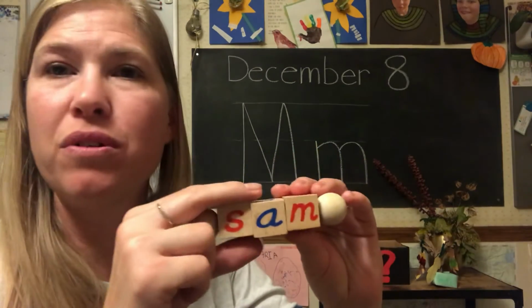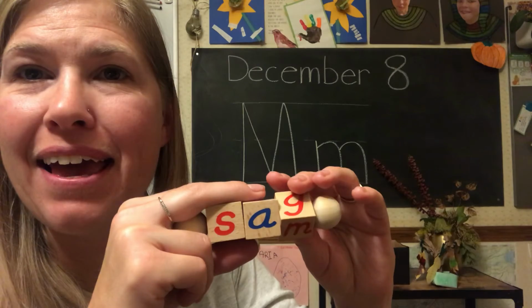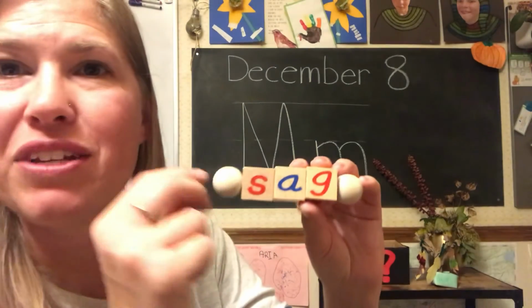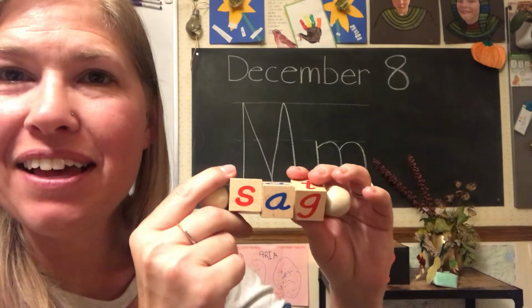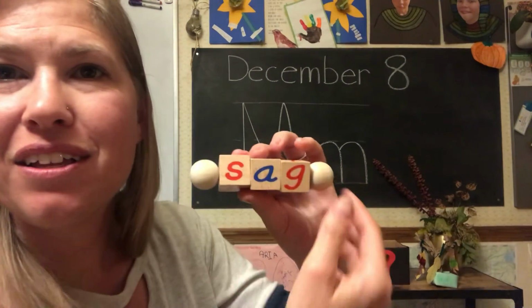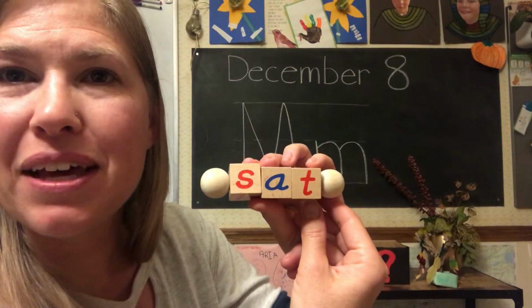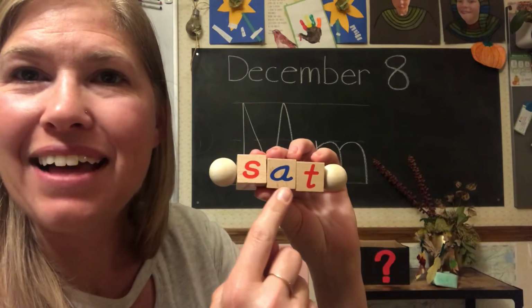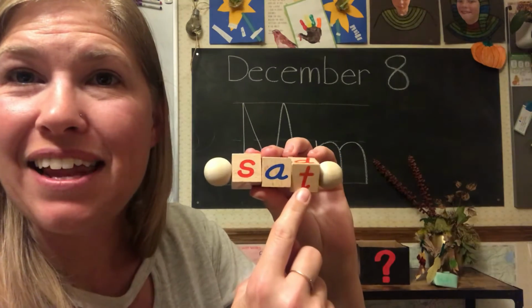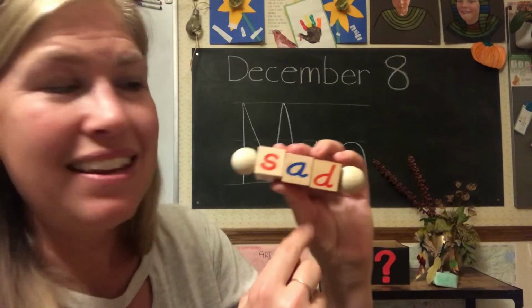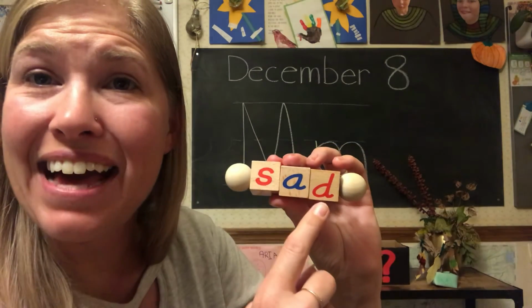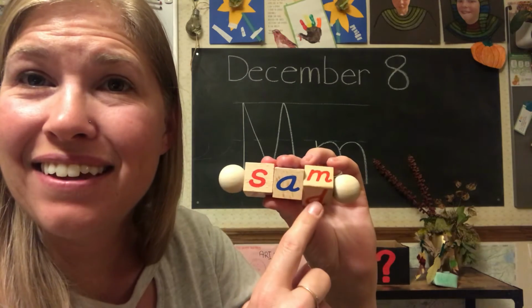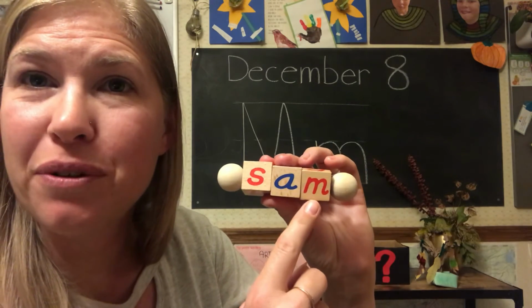So if I do sa, oh, it turned into sag, sag. And if I turn this again, it becomes sat. And if I do it again, now it's a D. It's sad, sad. Oh, and now we're back to M.